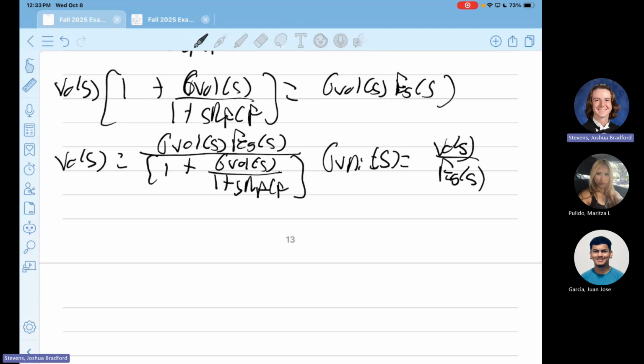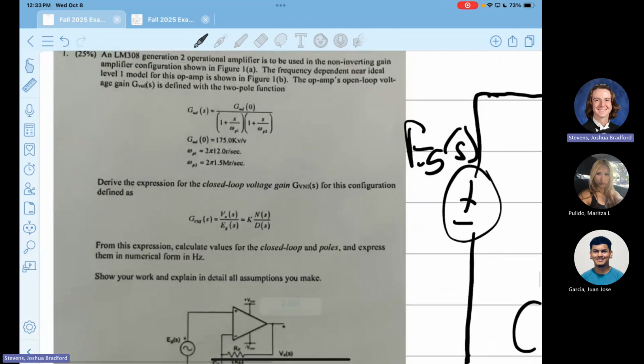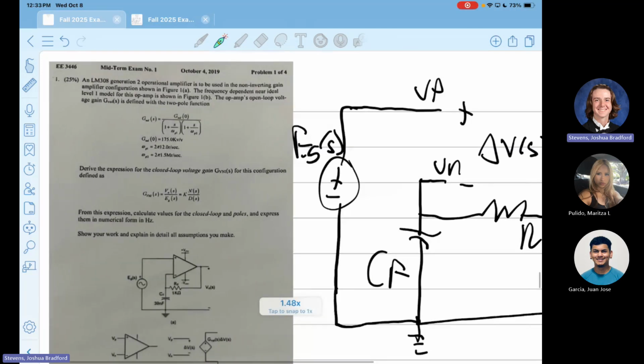Okay. Also, there's a form. I'm going to go back to the top again. This form here, okay? These two forms, 1 plus S over omega. It's just a form.